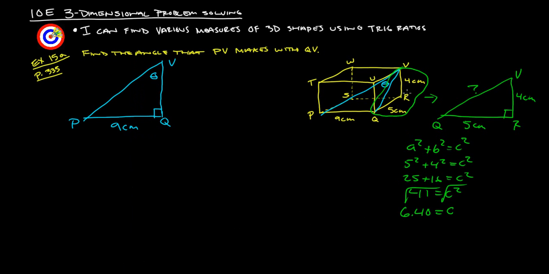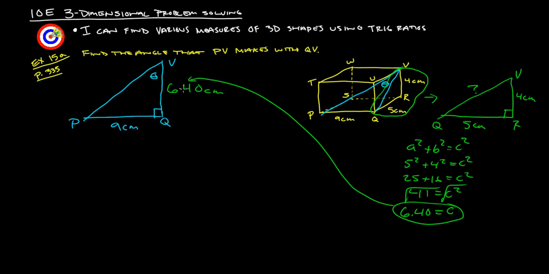So that's what this here is, the VQ. That's what we're looking for there. So this here can go right up there, and that's going to be 6.40 centimeters, if we're getting real technical here.